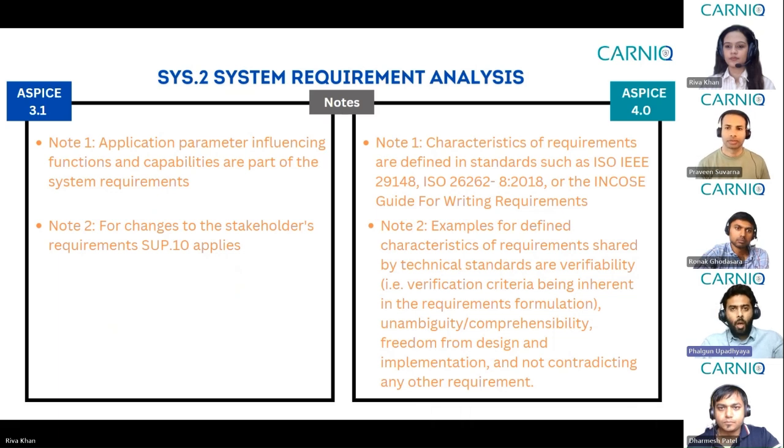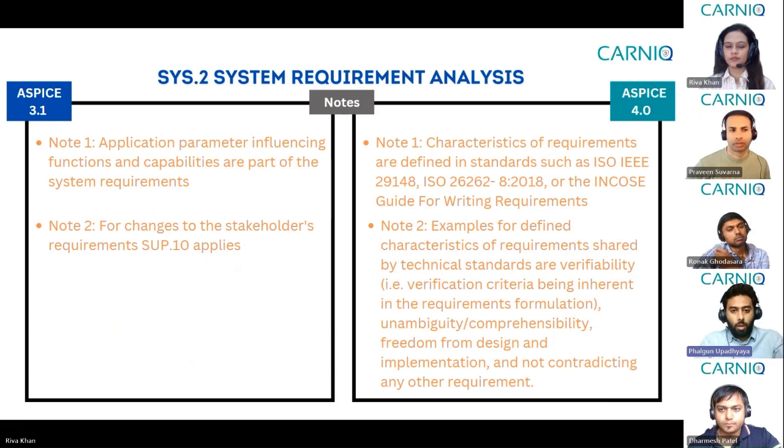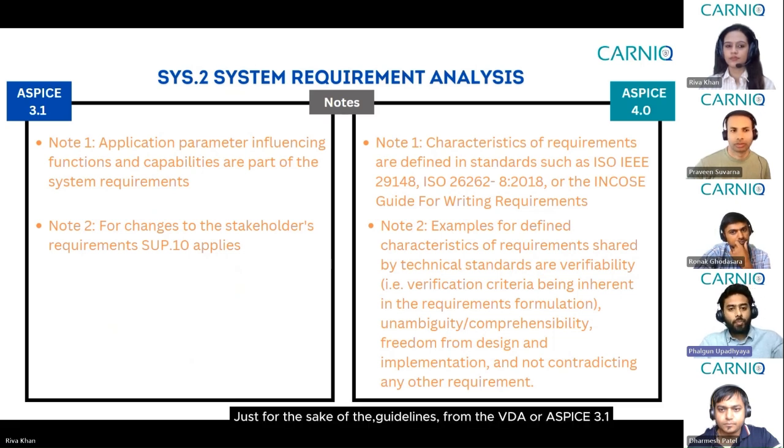testable, etc. As a requirement engineer, if I'm following these principles to make sure that my requirement is testable, measurable, atomic, simple, by default it would tell me what I'm looking for when this requirement is complete, and how I would verify this requirement. But just for the sake of the guidelines from the VDA or ASPICE 3.1, in most cases it was mandatory for me to add a bit of extra text for verification criteria.